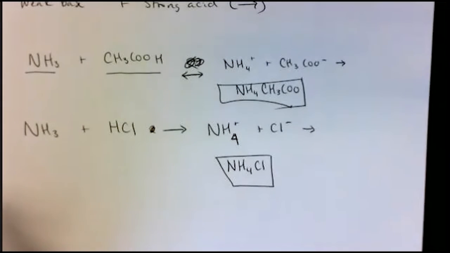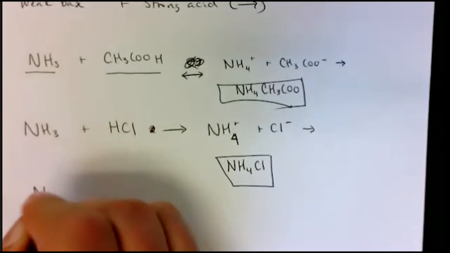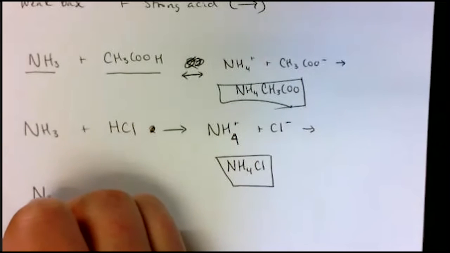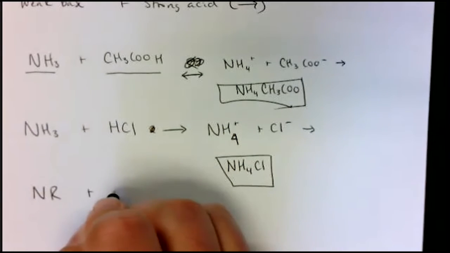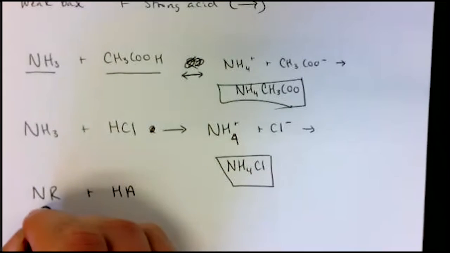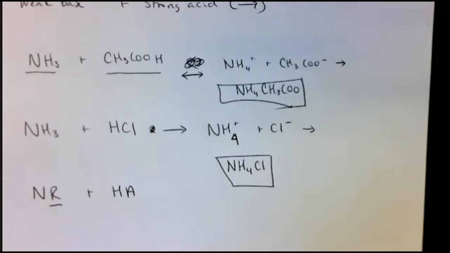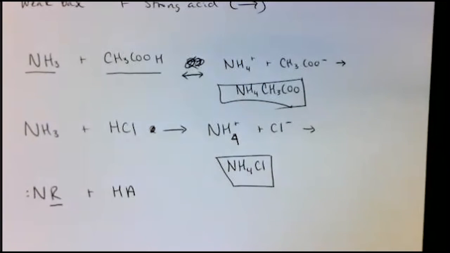So with these, you have N, and I'm just going to put R, plus HA. This R is anything that's attached to that nitrogen. As long as you've got that pair of electrons, it doesn't matter what it is.